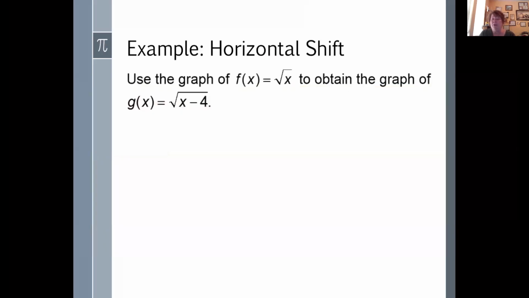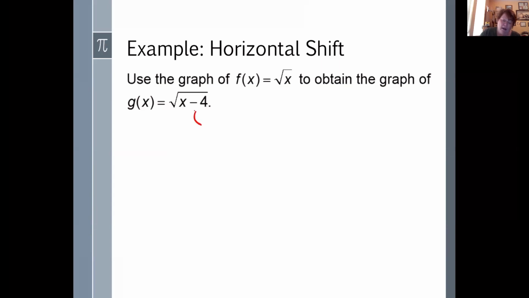Okay, so what are we doing here? We have the graph f of x equals the square root of x, so the standard square root function. And we have g of x equals the square root of (x - 4). So since I'm taking the graph of f of x equals square root of x, and I am subtracting 4 from the input of that function, this is a shift to the right.